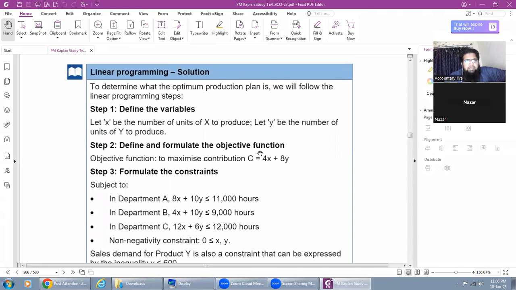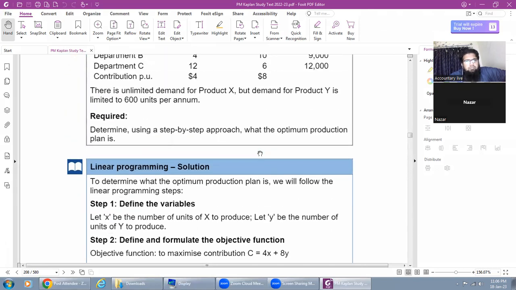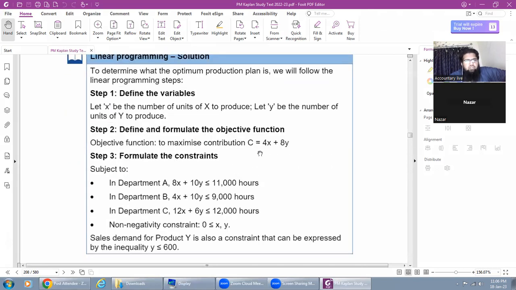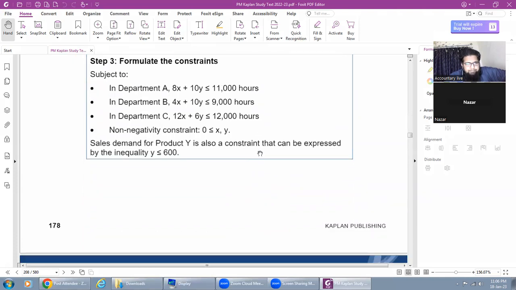We have unlimited demand for product X, so there is no constraint for it. So here we have formulated 5 constraints. Is it clear? Is there any confusion?